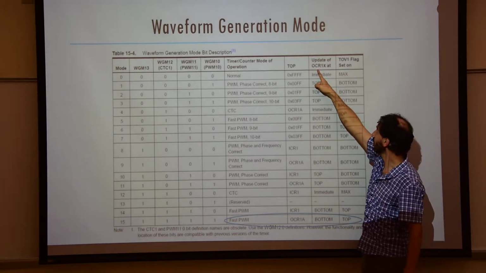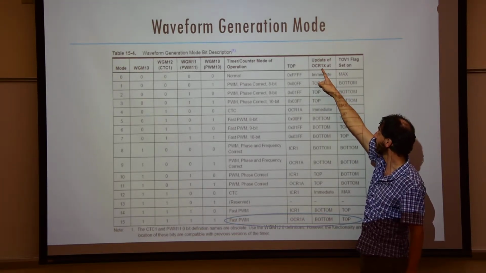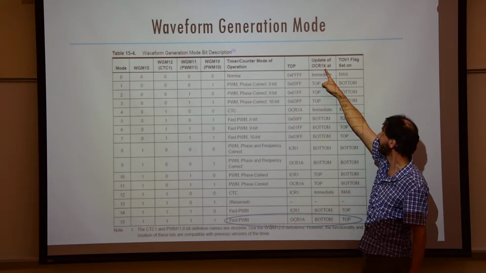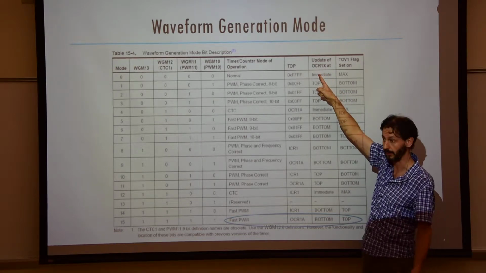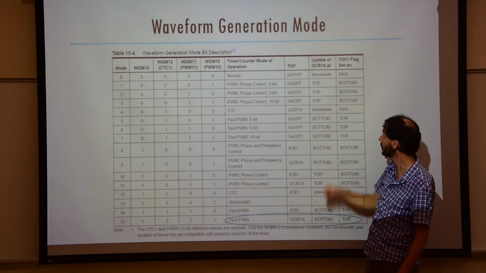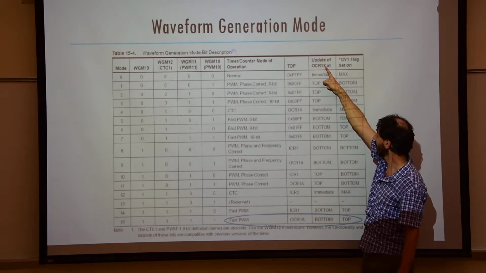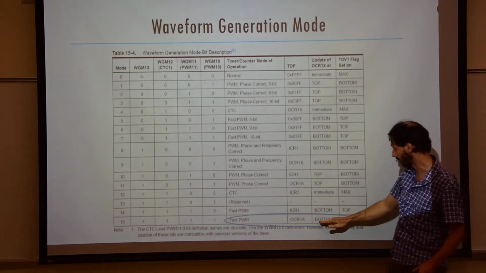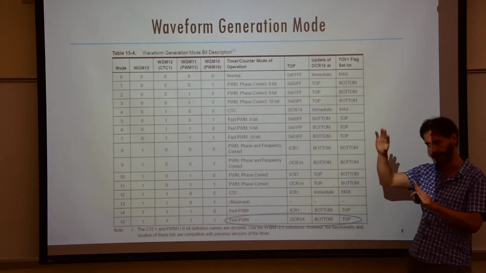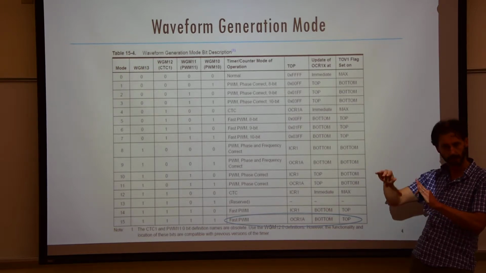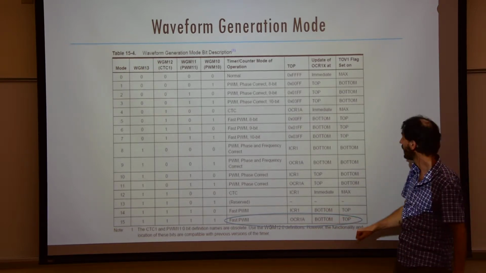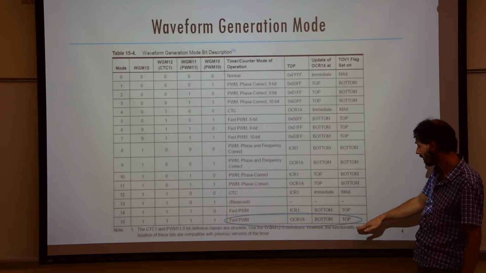There's also the update of the channel OCR1B, for example. That's what we've been talking about. That was pin B2. And that is being updated on the bottom because you effectively invert the signal from low back to high.